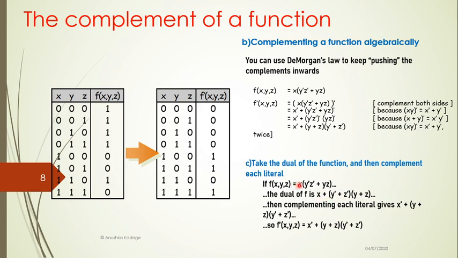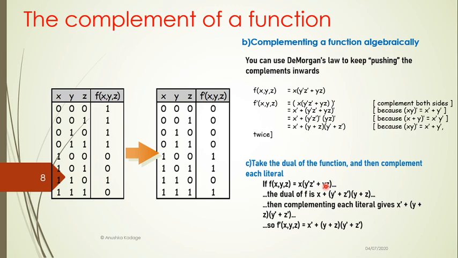So here what we will do is x, after that, here the ANDing operation was there. So the dual of AND is OR, so it is replaced by ORing. Then we are keeping y dash and z dash as they are, but these two variables are related with the ANDing operation. The dual of the ANDing operation is ORing, so it is replaced with ORing. Then ORing is there, so ORing will be replaced by the ANDing operation.